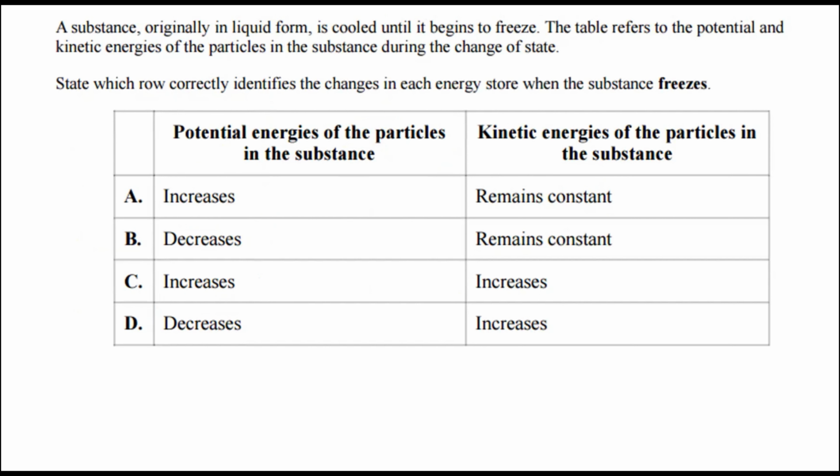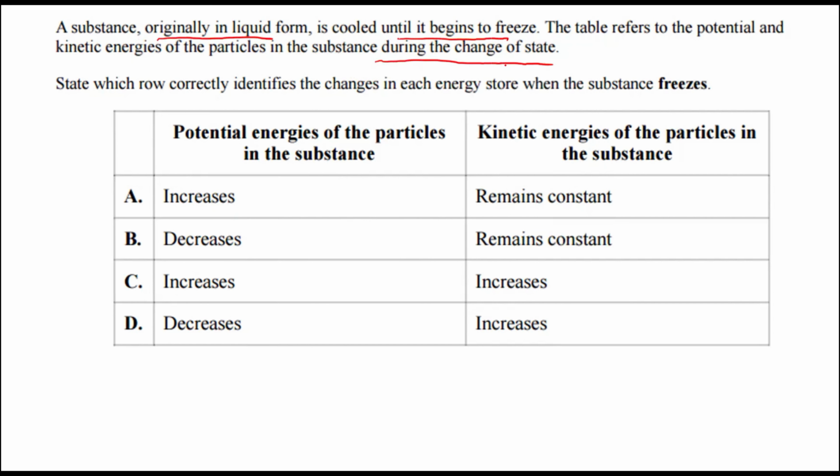Going to the next question. The substance is originally in a liquid form, and is cooled until it begins to freeze. The table here refers to potential energy and kinetic energy of the substance during the change of state.